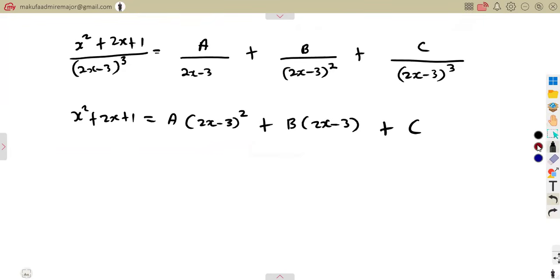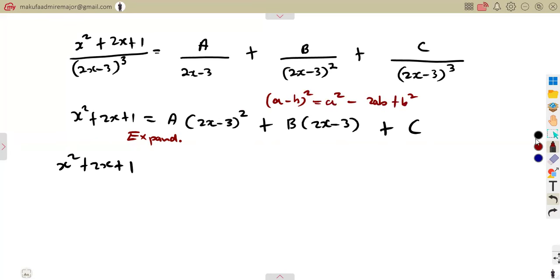What is it that I'm trying to say? If we are to expand here, this is x squared. So let's expand. So we are going to have x squared plus 2x plus 1. Okay, so here you're going to expand. Remember your concept of a minus b squared, which is equal to a squared minus 2ab plus b squared. So that will be 2x squared, 2x squared like this.